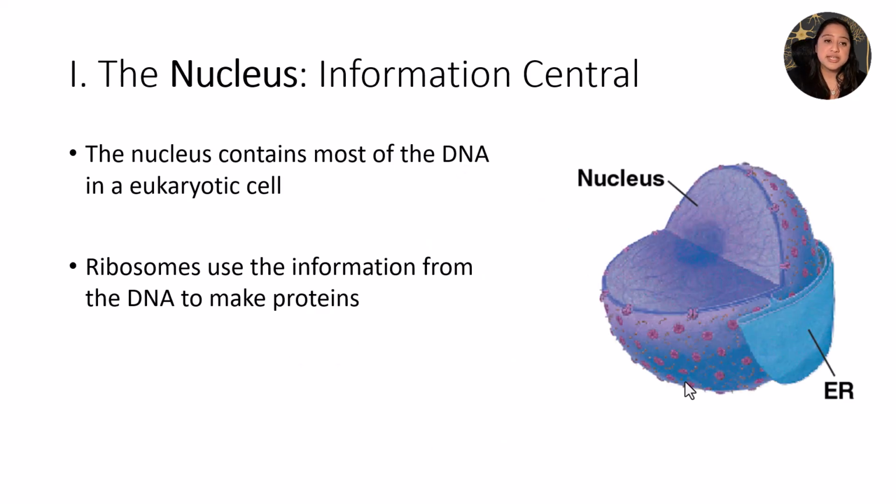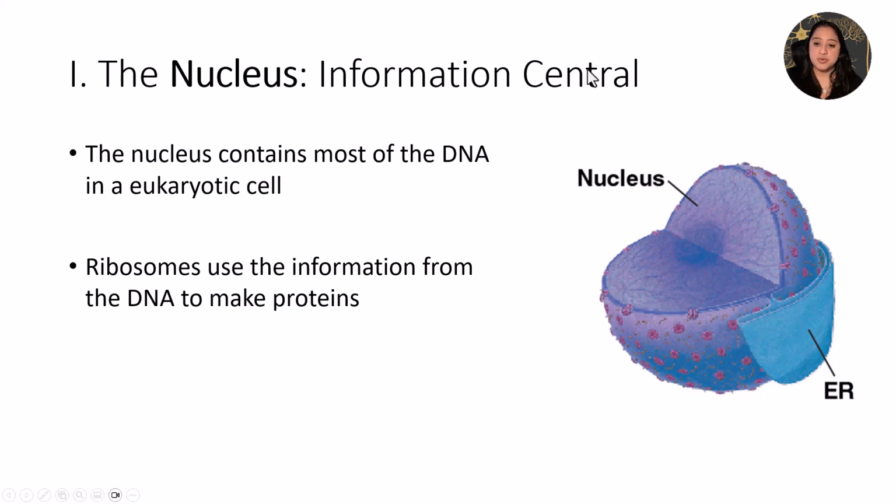So the nucleus is information central. I tried to have the headers with the main bullet point of what it does to help. The nucleus contains most of the DNA in a eukaryotic cell. And then the ribosomes use the information from the DNA to make proteins.